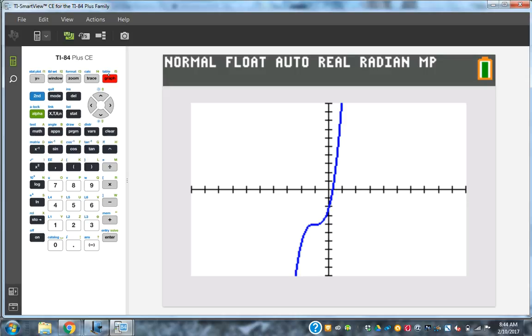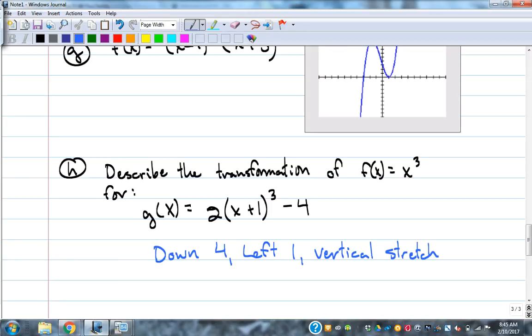So we can see it's down 4 and left 1. And we can put the original up here. We see it's a little skinnier when it's stretched out. If we put the other one right next to it, we would see that it's skinnier. Okay, so recognizing those pieces based on transformations.